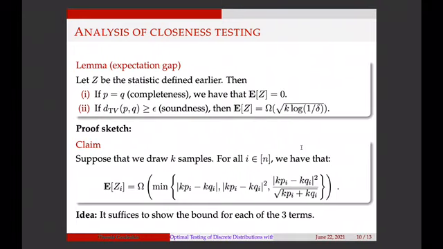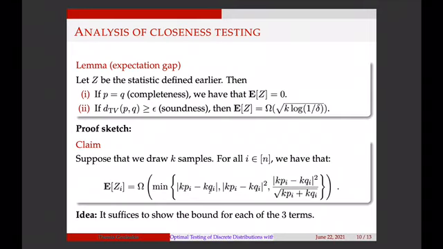To give you some small idea on how the proof goes, suppose that we draw k samples, k as defined in the algorithm. One thing we can show is that for all domain elements i, the following is true: that the expectation of Zi is at least the minimum of one of these three terms.